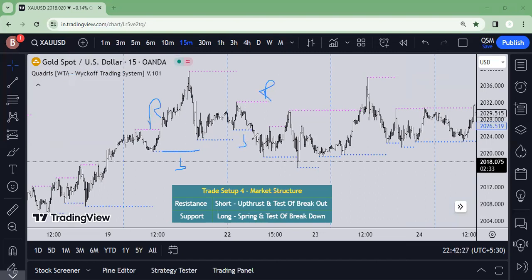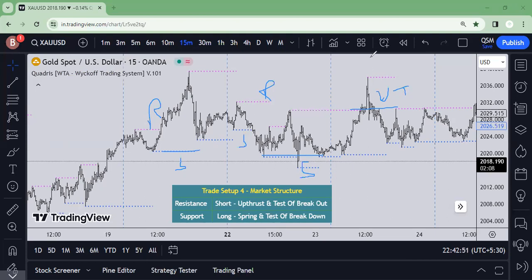So based on Wyckoff, we look for spring opportunity on support and upthrust opportunity. This is not quite an upthrust, but for sake of explanation, I'm taking this example. This is an upthrust.